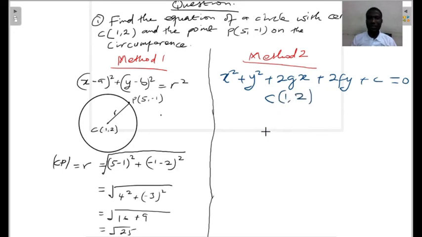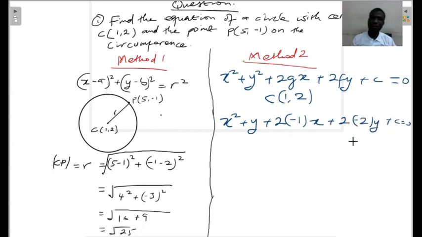So our center is (negative g, negative f). So when we substitute, we are going to have x squared plus y squared plus 2(negative 1)x plus 2(negative 2)y plus c equals 0.